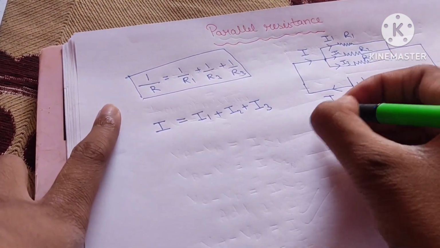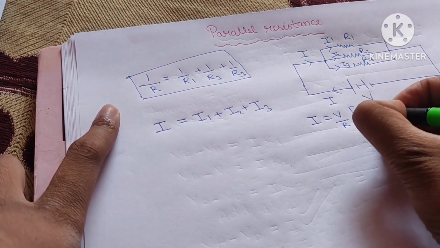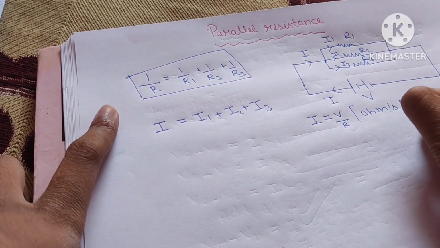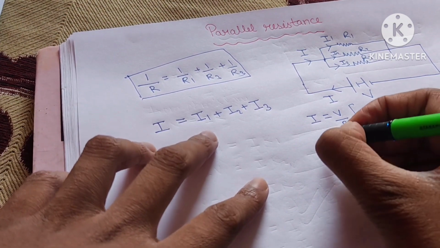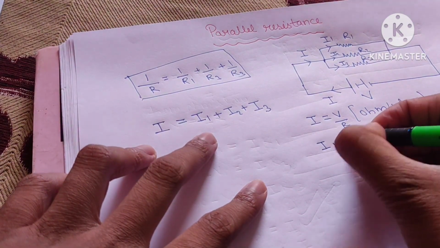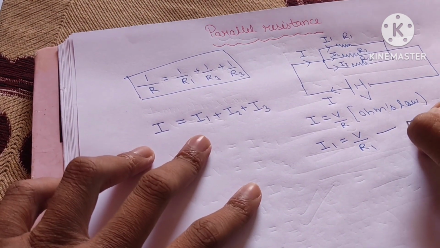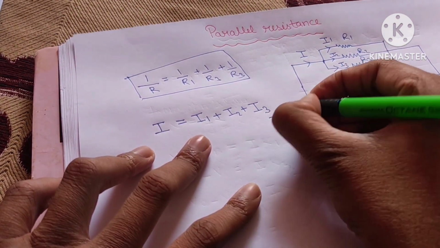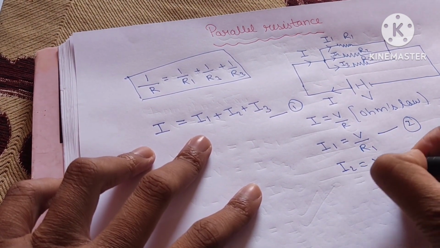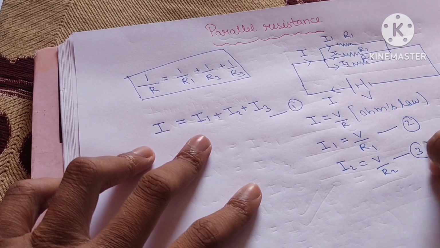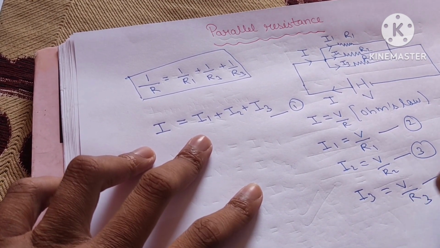From Ohm's law we can say I is equal to V by R, so I1 will be V by R1, equation 2, I2 will be V by R2, and I3 will be V by R3.